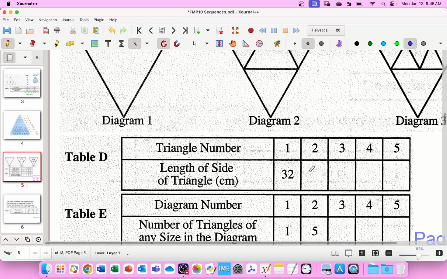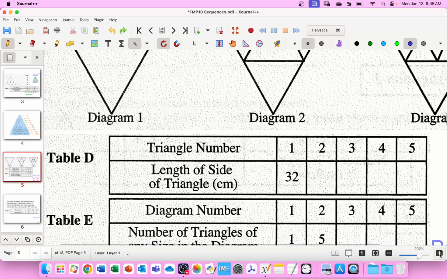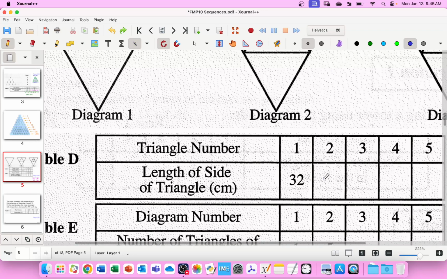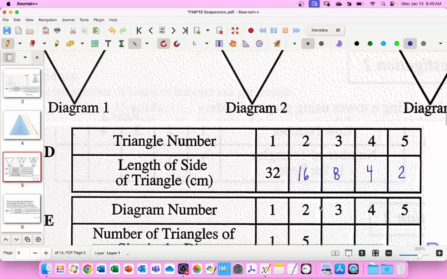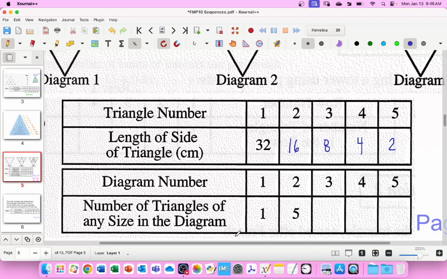No measuring is needed, just the fact that if that triangle's half as big, it has half the side length. So then I know for my third triangle, that side length has to be 8, because that's half of 16. 4 is half of 8. 2 is half of 4.